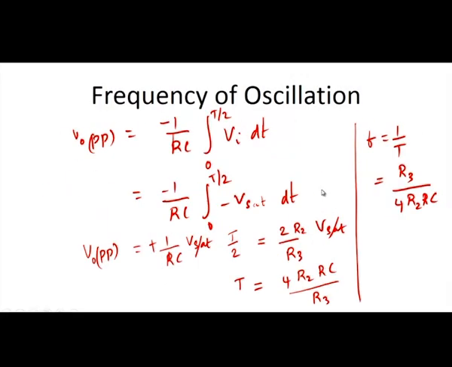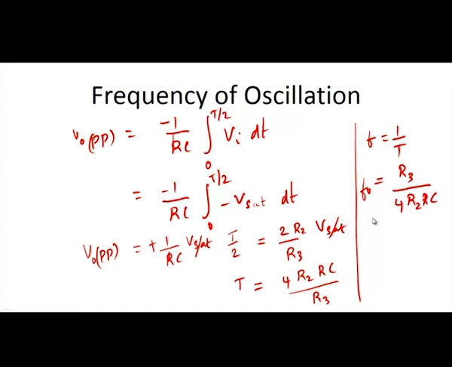These are the passive components connected to the integrator circuit. And now we have derived the output of the integrator. Actually this is the output of the integrator as well as the output of the triangular waveform generator, and this is the frequency of oscillation which is dependent upon all the passive components, R3 divided by 4 into R2 RC. This is the frequency of oscillation for the triangular waveform generator if a Schmitt trigger is cascaded with the integrator circuit.